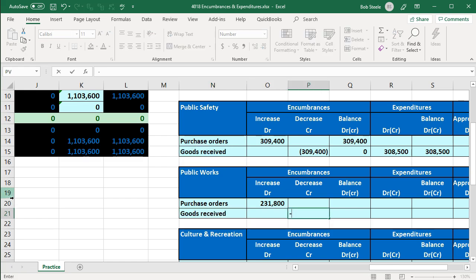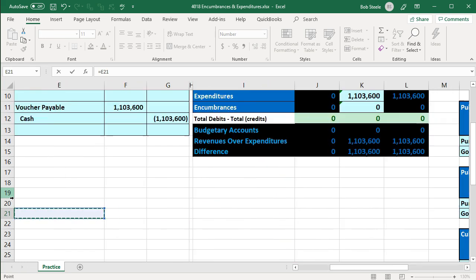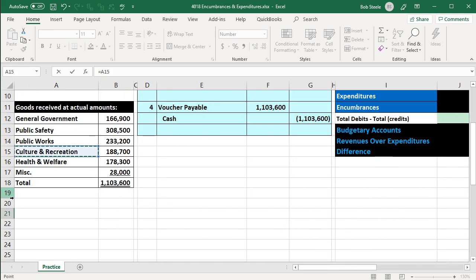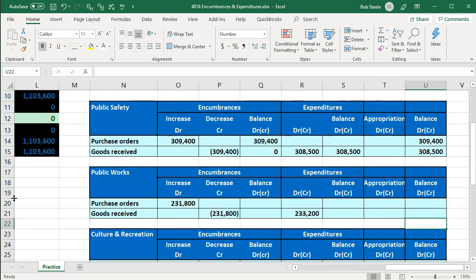And again, since I know the entire amount was decreased, I could just take that same amount. It's going to go down. These numbers don't have to be the same because it could be that we didn't decrease the entire encumbrance. Just in this problem we happen to have, even though the actual expenditure is different, or could be. So I'm going to say the expenditure is going to be over here for the public works. And there we have that.